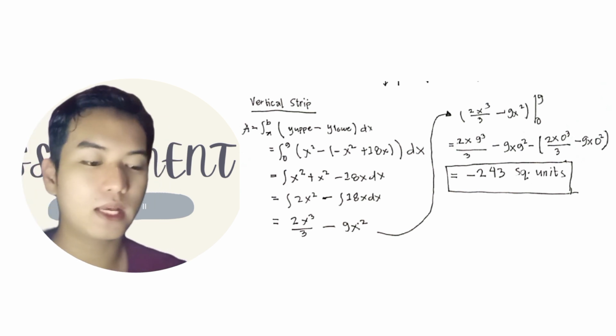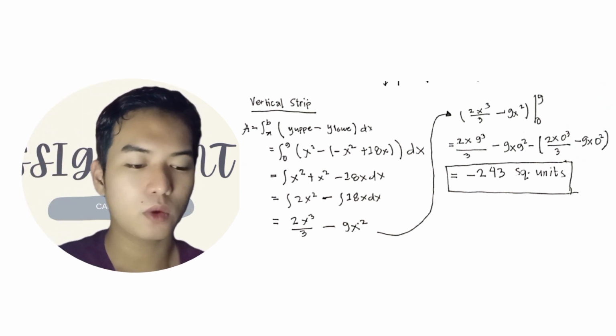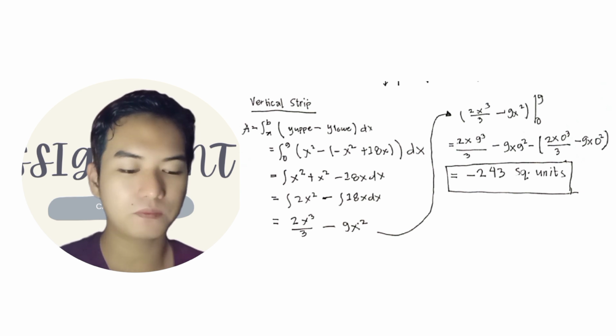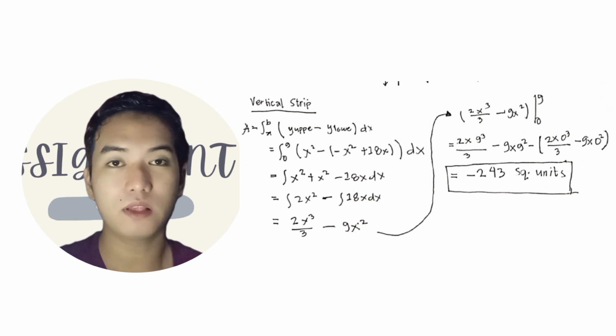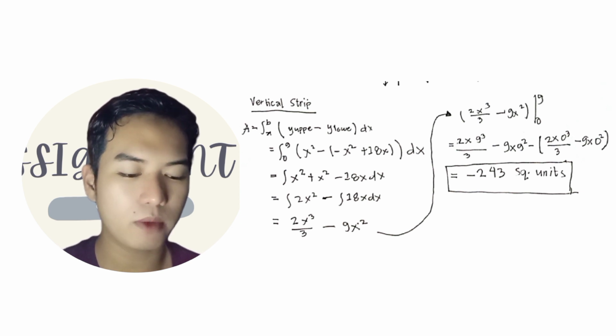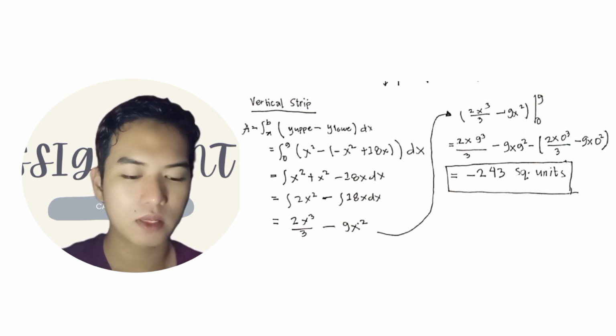Basically that is the lower limit of 0 and upper limit of 9, because that is based on the x coordinates of our two parabolas, from 0 to 9. So x squared minus negative x squared plus 18x dx.